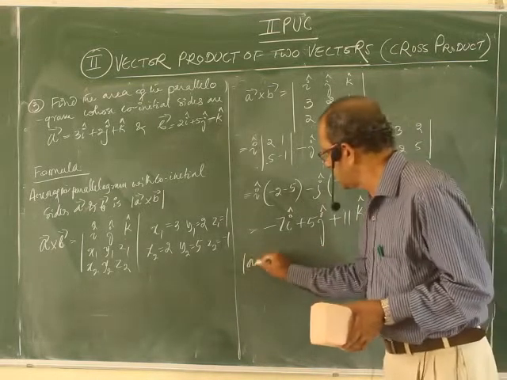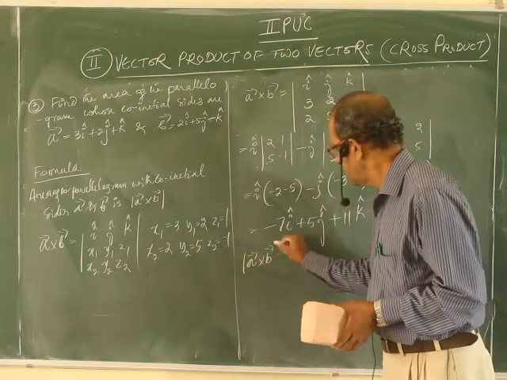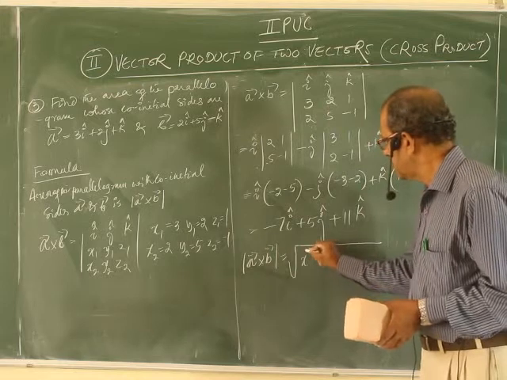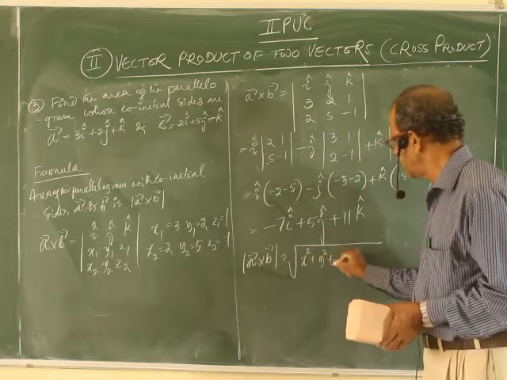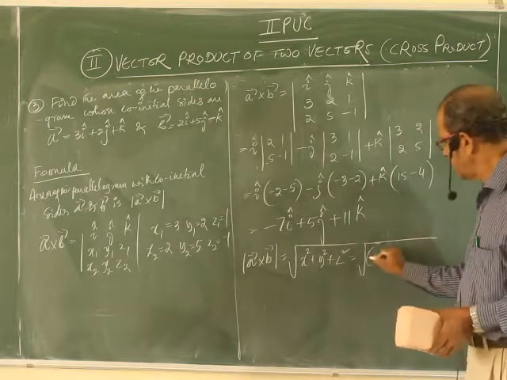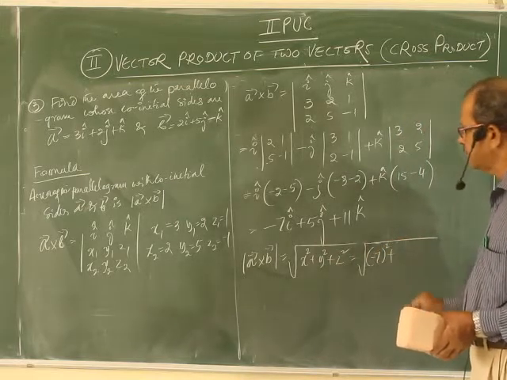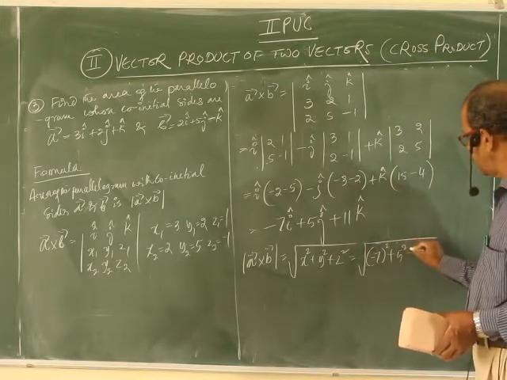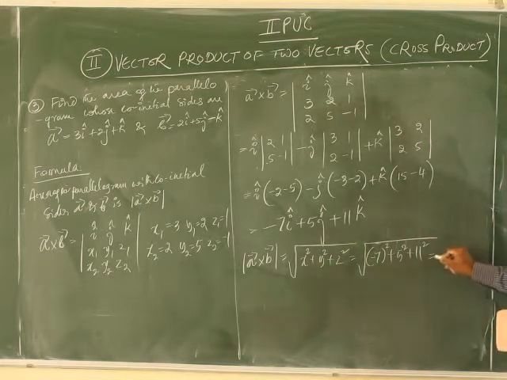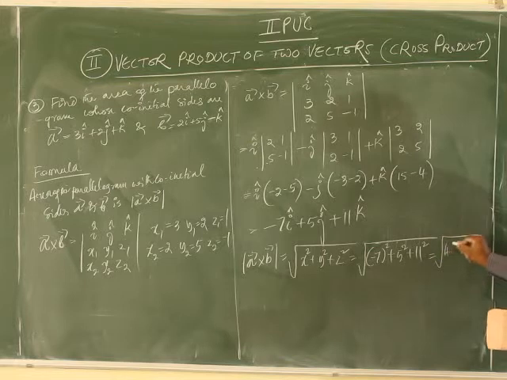Mod A cross B is root of x square plus y square plus z square, root of minus 7 square, 5 square, 11 square. That is 49, 25, 121.